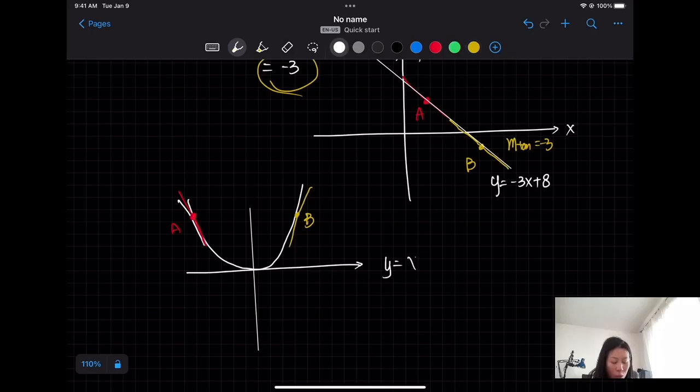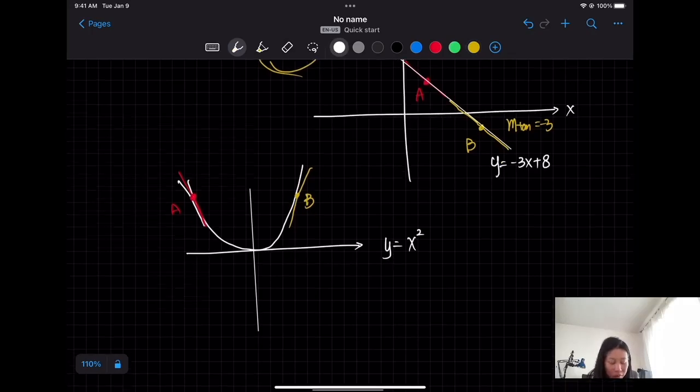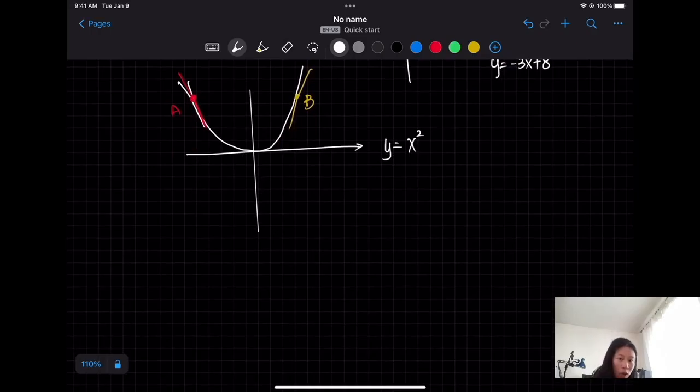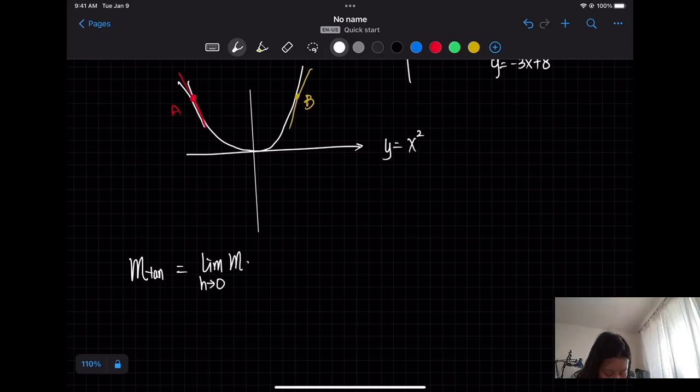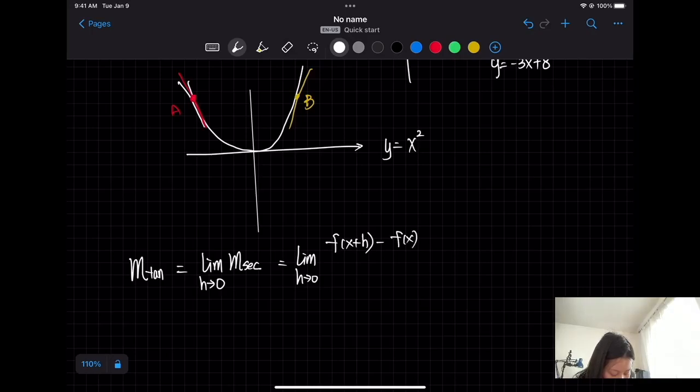So I have a function y equals x squared, and I want to find the derivative of that. The slope of the tangent line equals the limit as h approaches 0 of the slope of a secant line, defined by f(x plus h) minus f(x) over h.